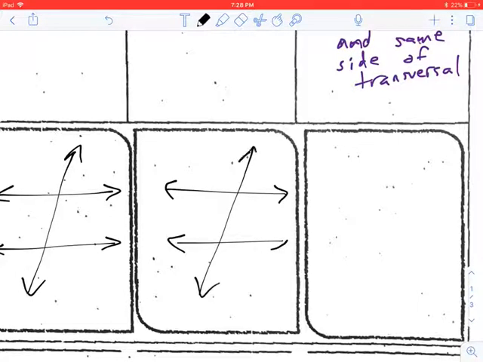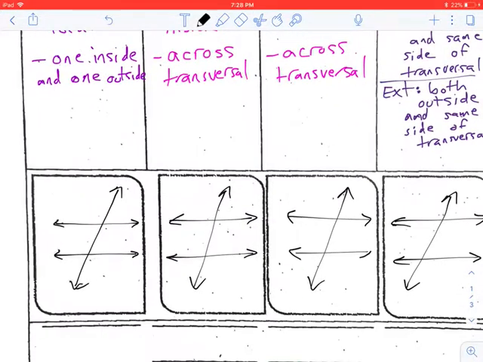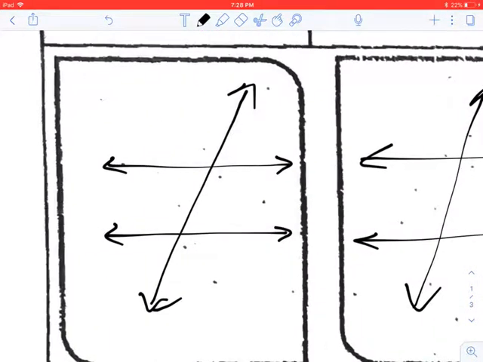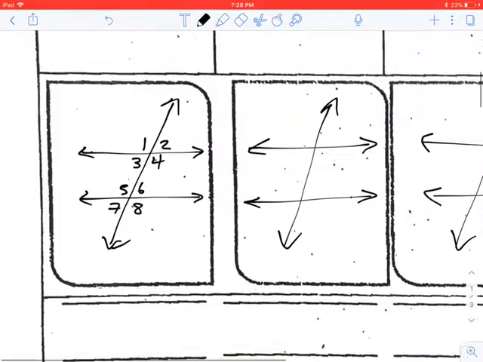All right. So, with our first situation, I'm going to go ahead and label our numbers. So 1, 2, 3, 4, 5, 6, 7, and 8. So we're starting out. Our first category is corresponding angles.